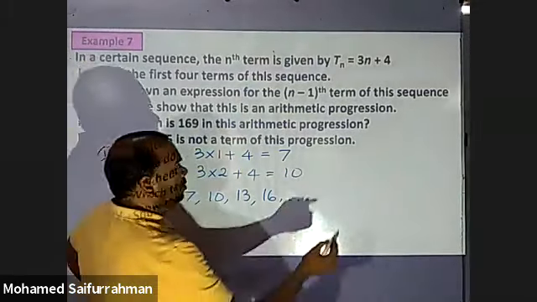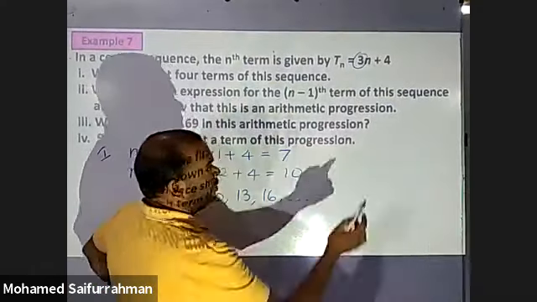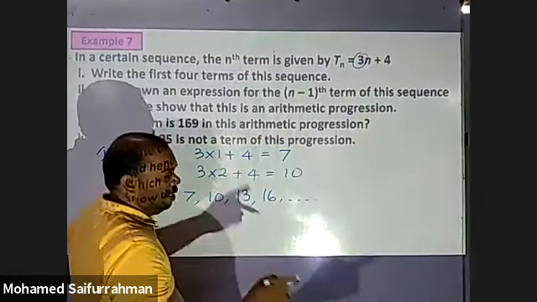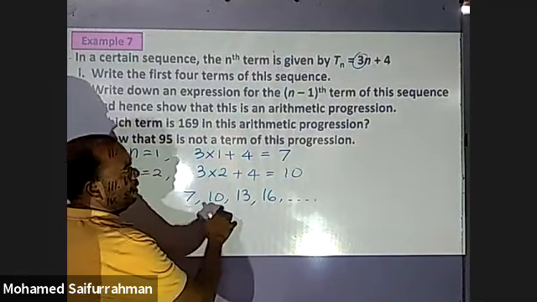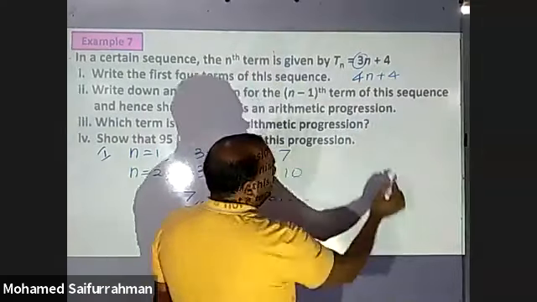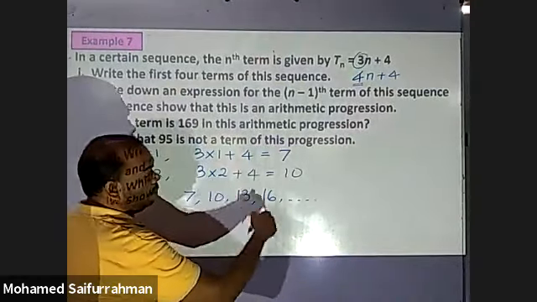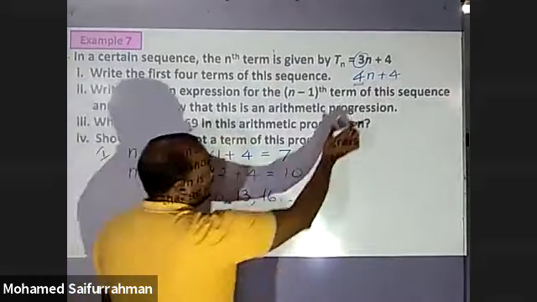In the nth term there is 3n, meaning this progression increases by 3. In the general term, if 4n is there, then it increases by 4. 5n means increase by 5.